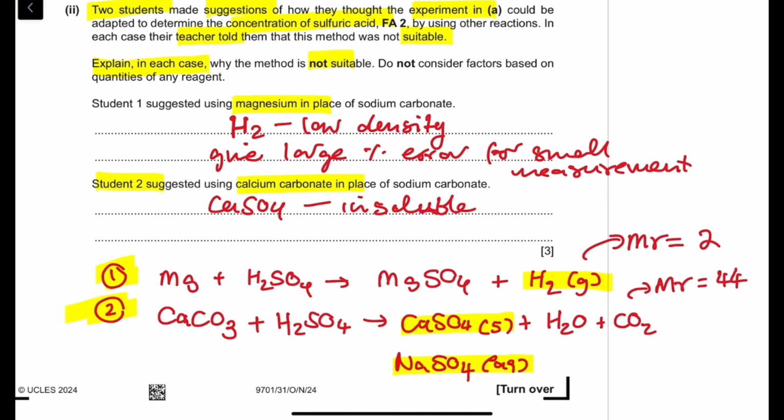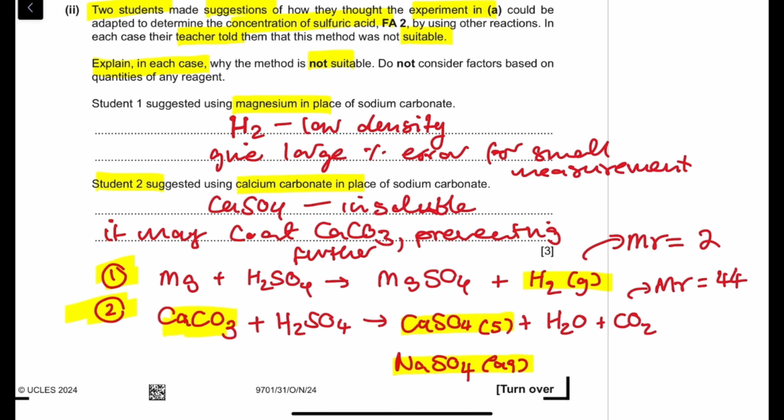Now the issue with this is because calcium sulfate is insoluble, it may actually coat our calcium carbonate, this reactant right here, preventing further reaction. That is because if we're blocking the calcium carbonate, there is less to react with sulfuric acid, but not all of it has been used up. Therefore, it will give us an inaccurate mass loss measurement.